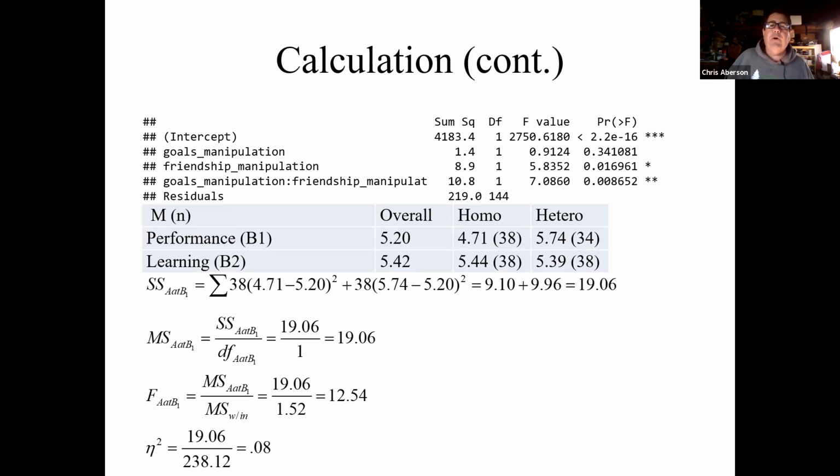So we take 41, we take the sample size of 38, 41 minus 5.2 plus 5.74 minus 5.2, square it, add them up, and that's where we get that sums of square value. And then subsequently, that's where we get all of the other pieces. And we divide by the degrees, the mean square within. And that gives us our F and our eta squared.